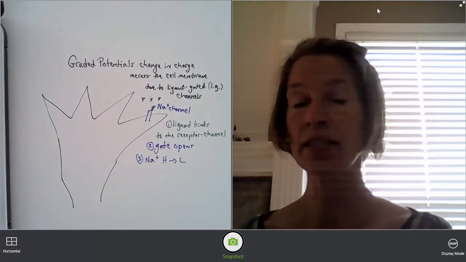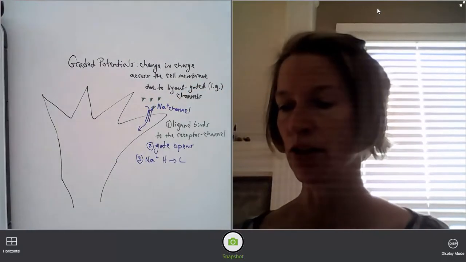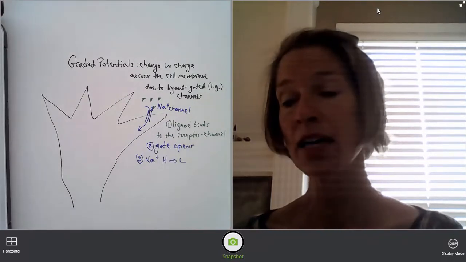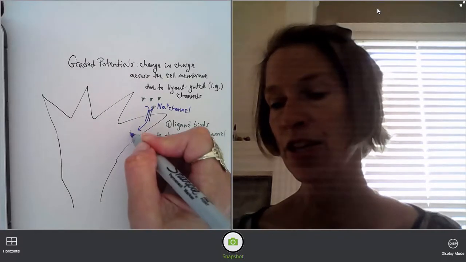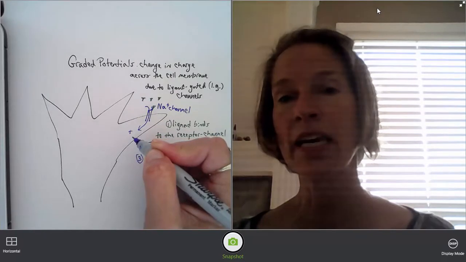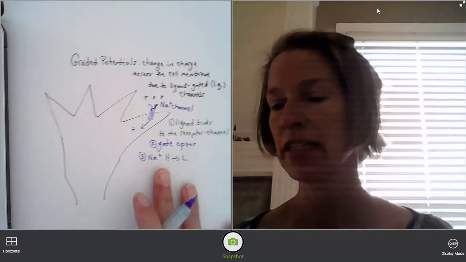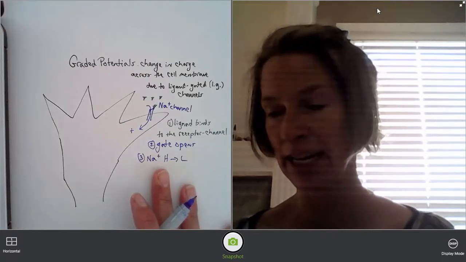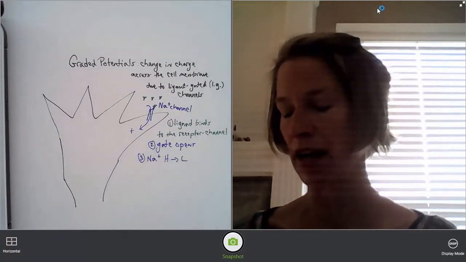Now when the sodium moves into this channel, into the cytoplasm is a positive coming into the cytoplasm. So the response inside the cytoplasm will be moving from a negative to a more positive. That is depolarization, making the inside of the cell more positive.